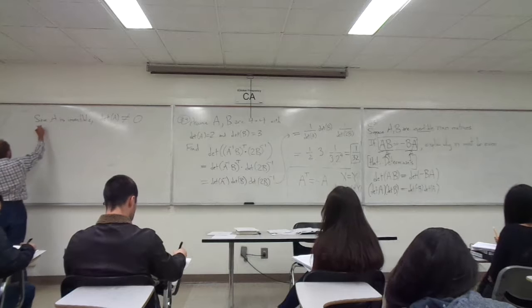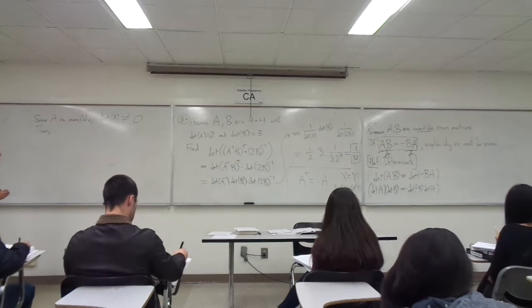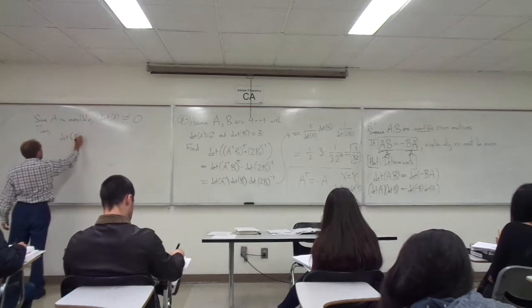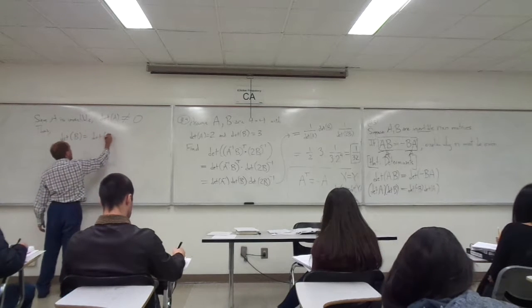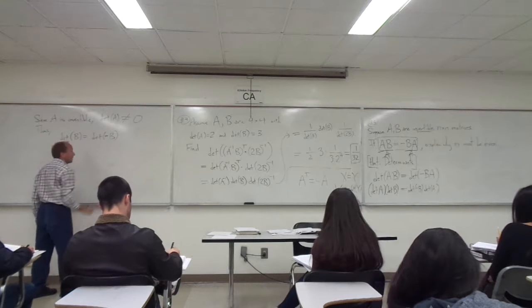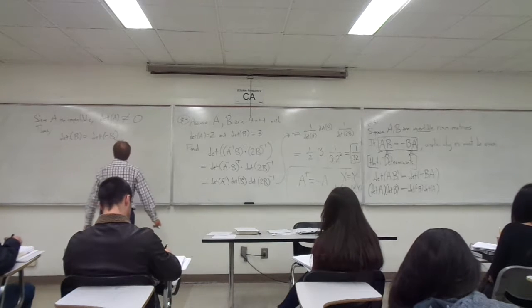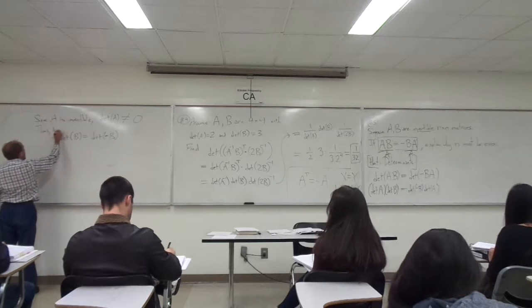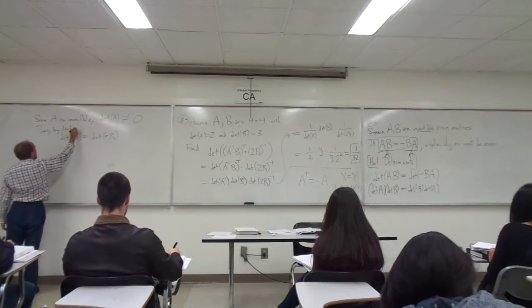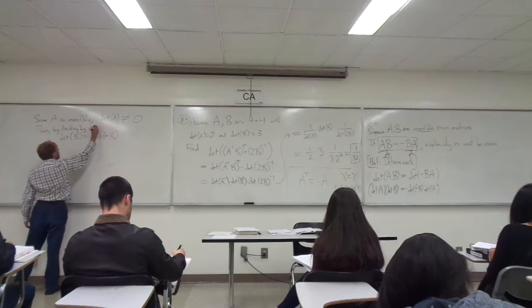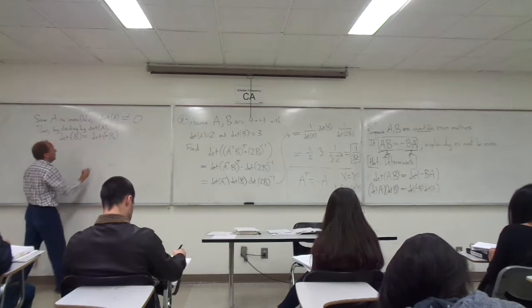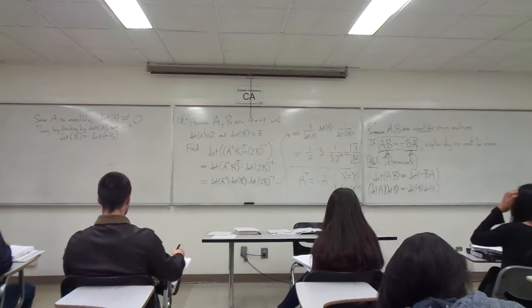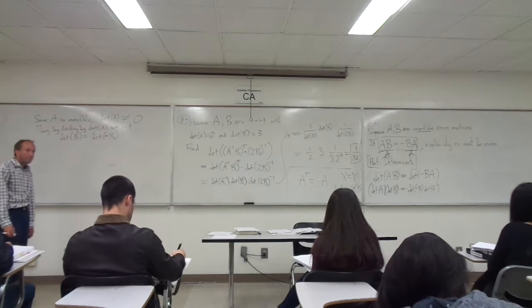So thus, by dividing by the determinant of A, we get the determinant of B equals the determinant of negative B. Right?